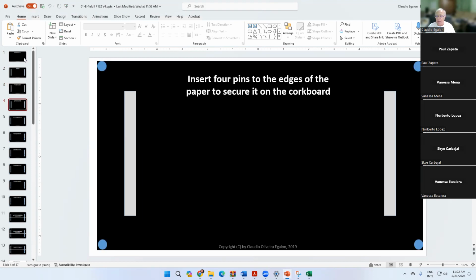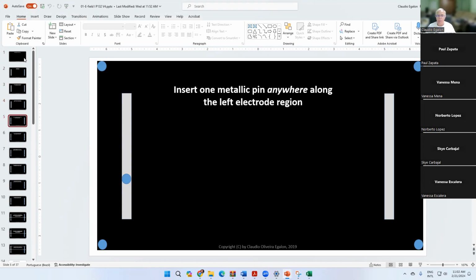You know, the 4 pins. Remember? He did exactly what I displayed for you here. And then he put the pins on each electrode, left electrode, right electrode. Power supply, he set the power supply to 6 volts. I set mine to 10.